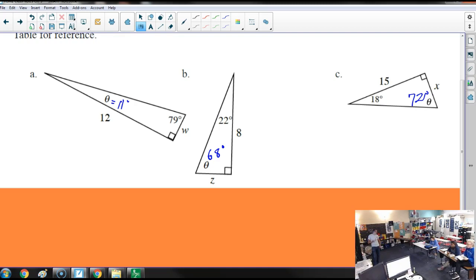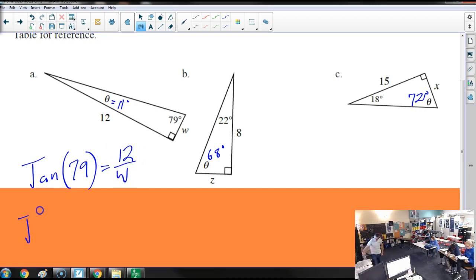So triangle angle sum theorem lets us get the slope angle we're looking for, or we could just look at rise and run differently. Now, since the thetas in there are thetas, we want to figure them out. But if I instead wanted to use the 79, I could just say tangent of 79 equals rise over run, 12 over W. Or we can say the tangent of 11 equals W over 12.